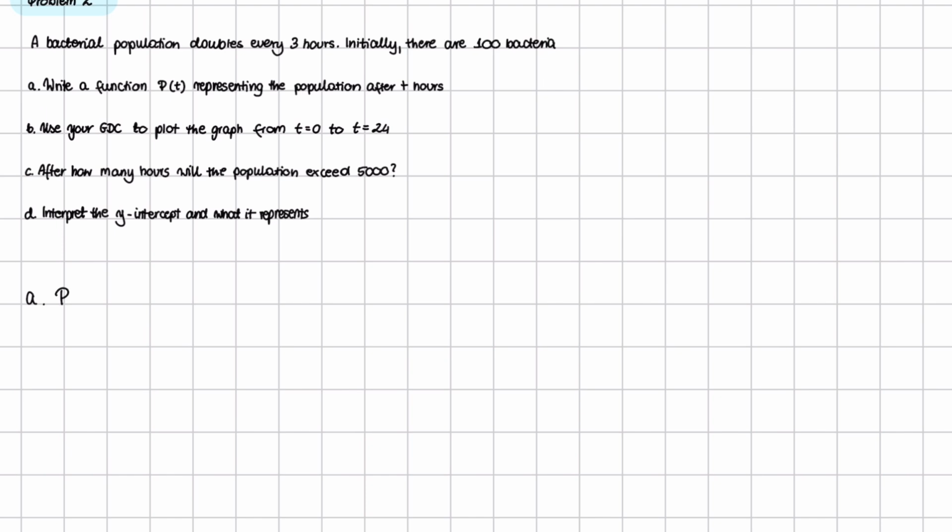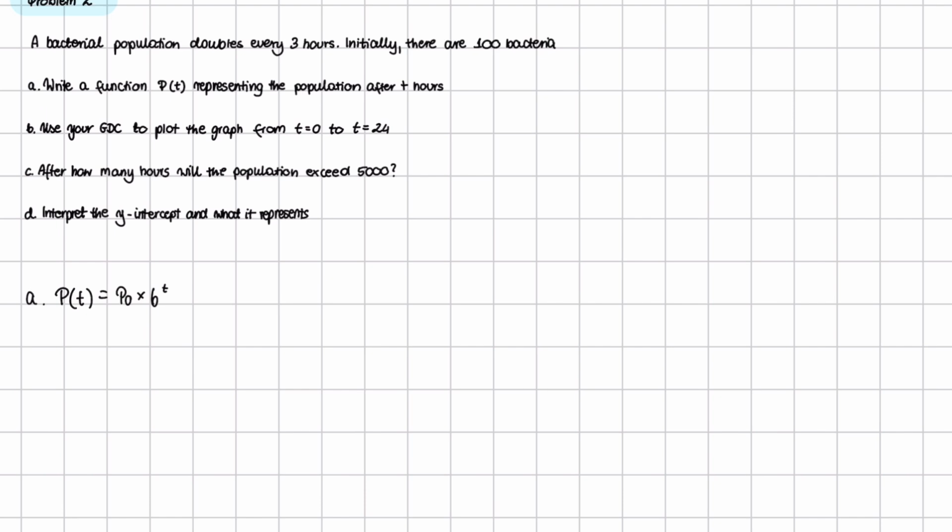So P equals P0, the initial amount of something, in our case of bacteria, times b, and b is the growth factor, and then we have the power, so in our case t.